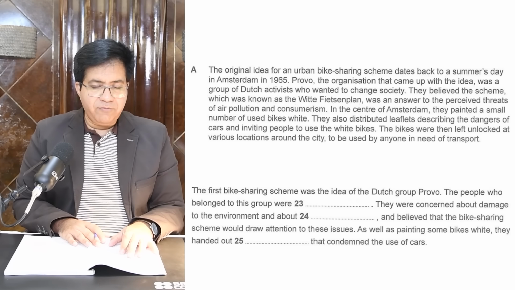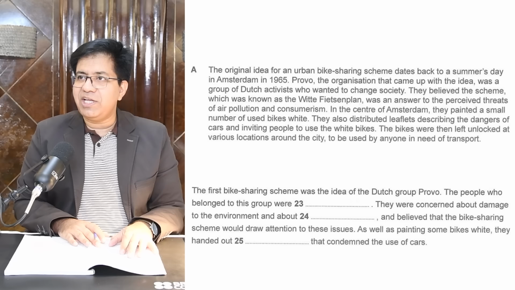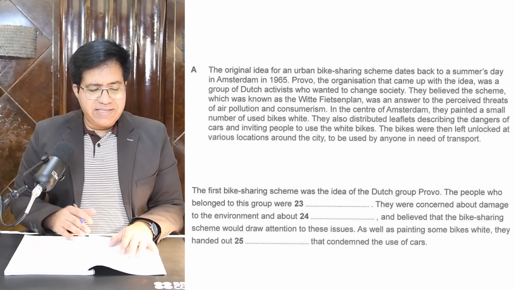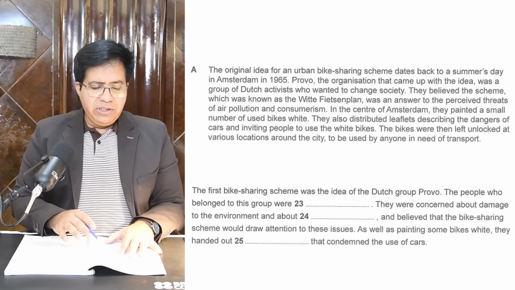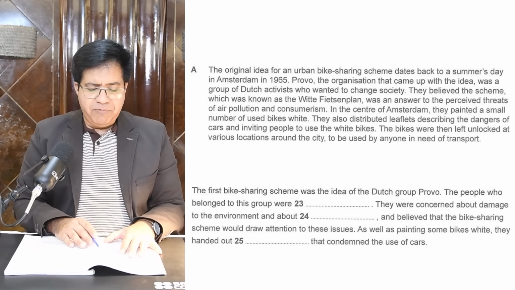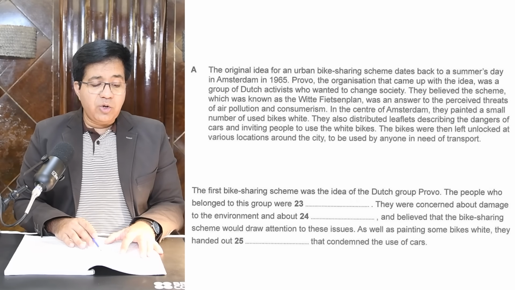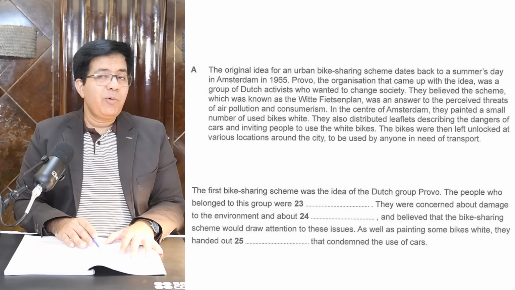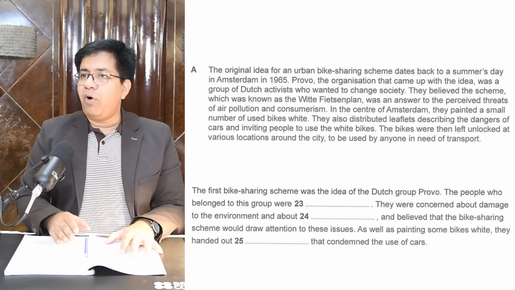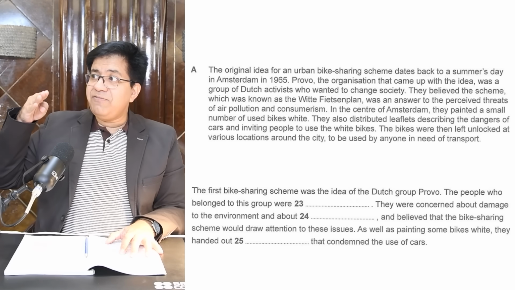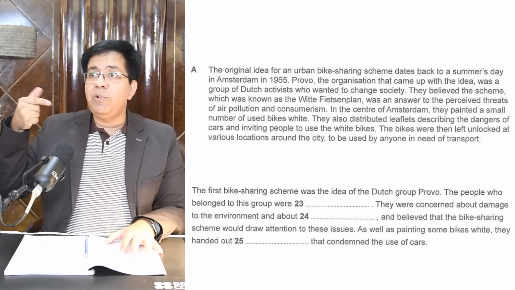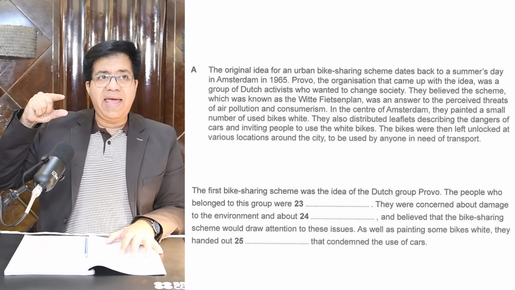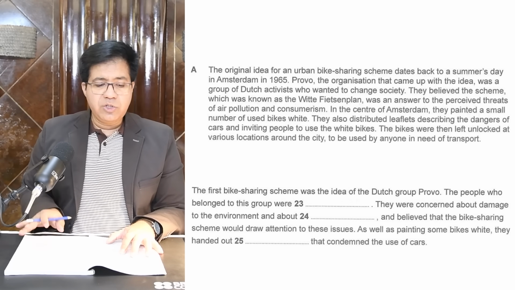Provo, the organization that came up with the idea, was a group of Dutch activists. Who were they? They were a group of Dutch activists. And I told you the answer should be plural because before the blank they have mentioned were. So what is the answer?